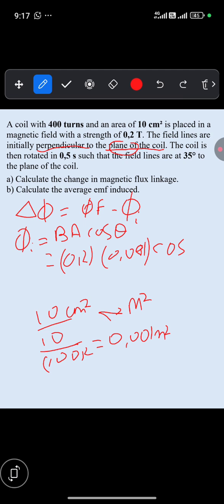And because they are not talking about the normal perpendicular, the angle is 0, which translates to parallel. So this is equal to 0.0002.